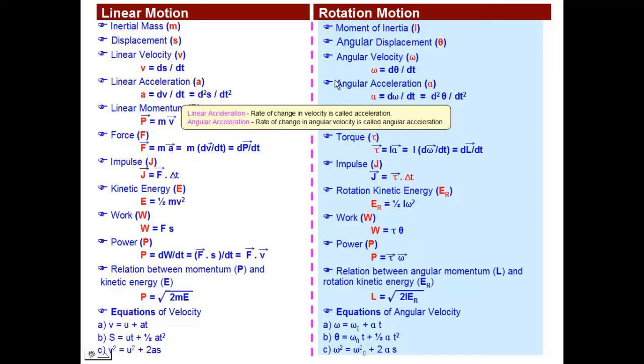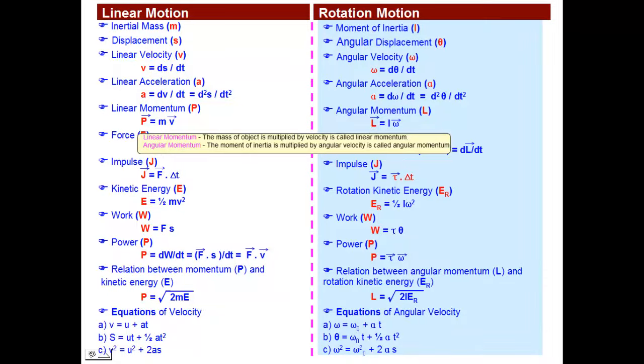Angular acceleration is the rate of change of angular velocity, represented by alpha. So alpha equals d omega by dt, which equals d squared theta by dt squared, because we put the value of omega here.